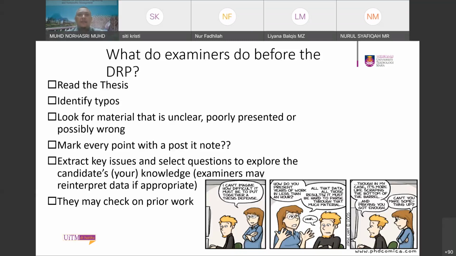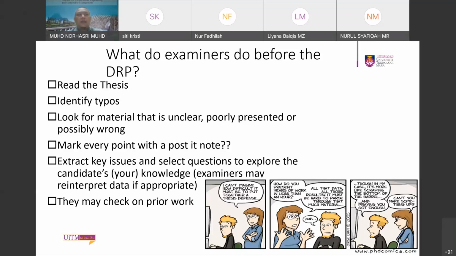From there, I become aware of what the panel will aim to ask me during the presentation. So although you are a candidate, put yourself as an examiner or panel, because this is your work, so only you know the loopholes and how to cover them.